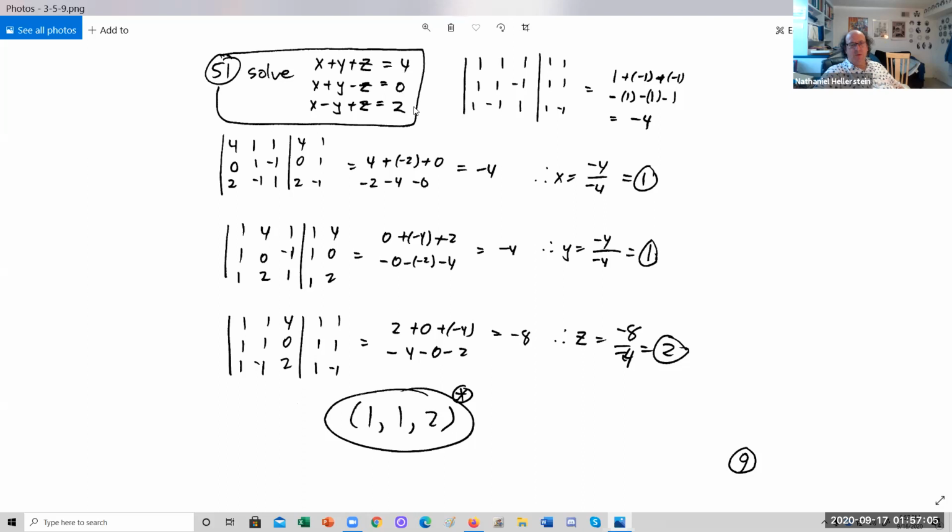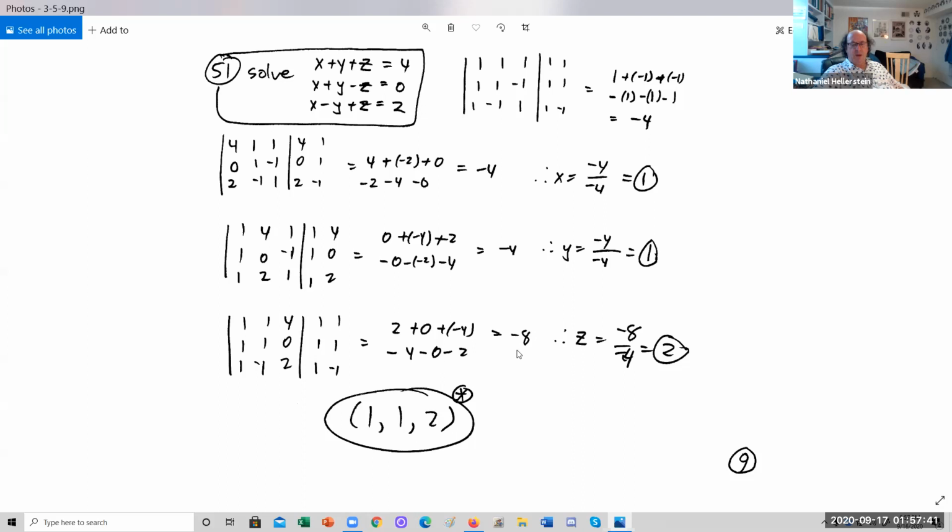For z, we put 4, 0, 2 in the third column here. And then we'll put this 1, 1, 1 column here, this 1, 1, negative 1 column here, and then take downward and upward diagonals. 1, 1, 2, that's a 2, plus 1, 0, 1, that's a 0, plus 4, 1, negative 1, negative 4, minus the upward diagonals. 1, 1, 4, that's minus a 4, minus negative 1, 0, 1, that's minus a 0, minus 2, 1, 1, that's minus a 2.